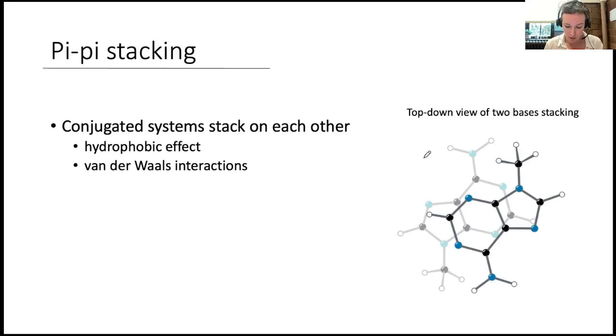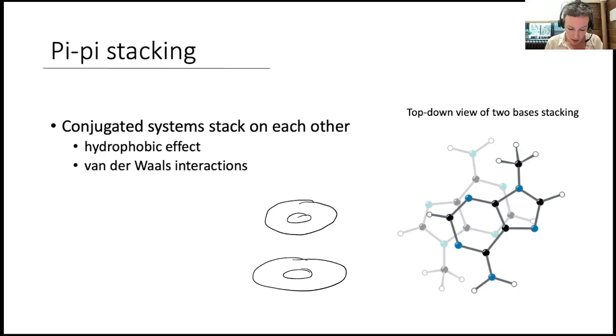And what's happening here is that these conjugated ring systems of the bases form these donut-shaped electron clouds that perform favorable interactions with the donut-shaped electron cloud of the ring below it.